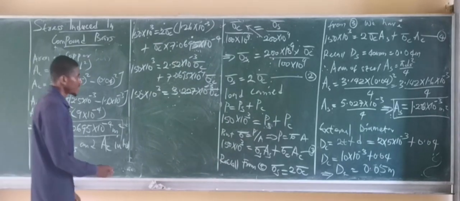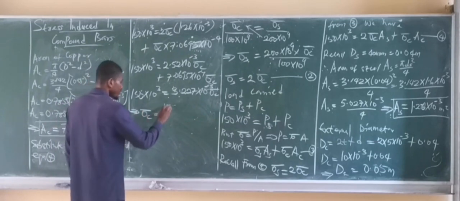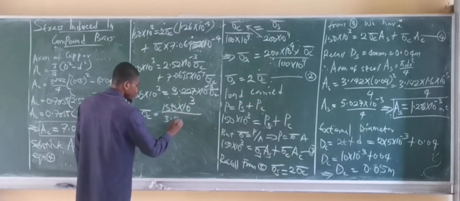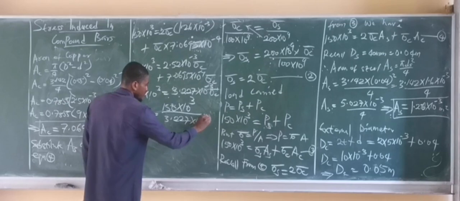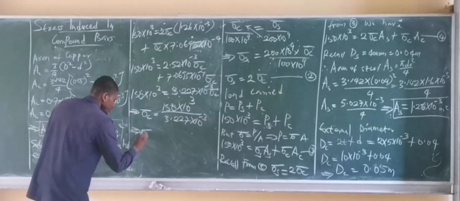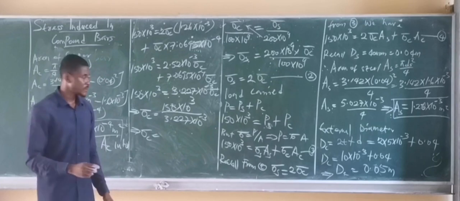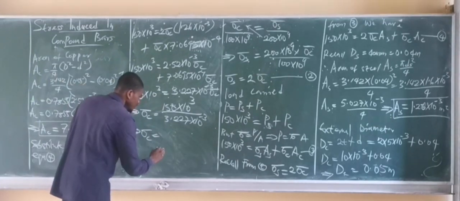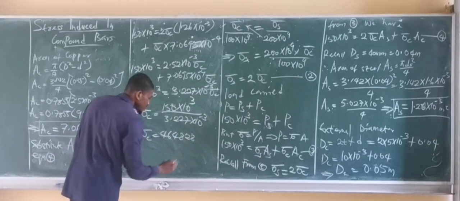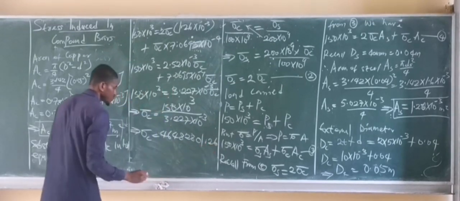You divide both sides by 3.227 times 10 to the minus 3. So sigma C is equal to 150 times 10 to the 8 divided by 3.227 times 10 to the minus 3, which implies the stress induced in the copper is 46,482,801.36.